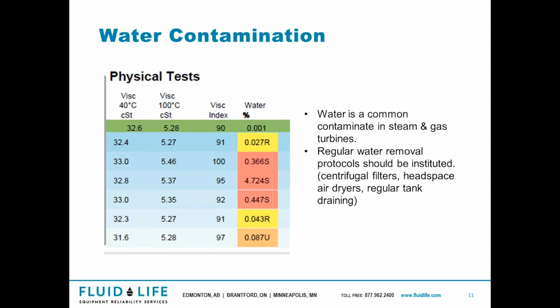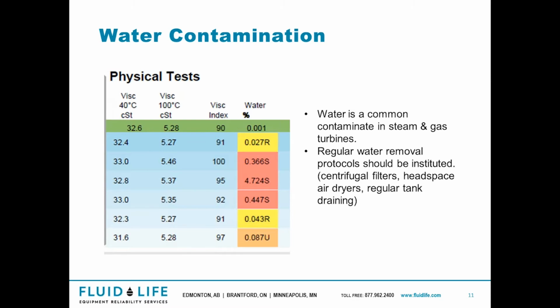Water contamination is definitely one of those things that you have to pay attention to very closely, whether you're using a mineral, a PAG, or an ester. It's one of the most common contaminants, and this report you see here fluctuates up and down, something that you'll see on almost every report, especially on a steam turbine. And so regular water removal is definitely something that everyone should be thinking about when monitoring your turbines.